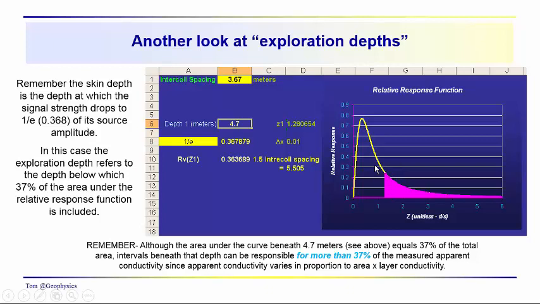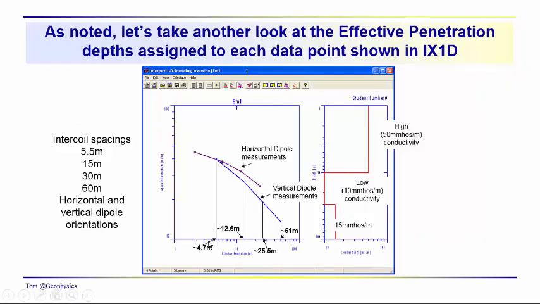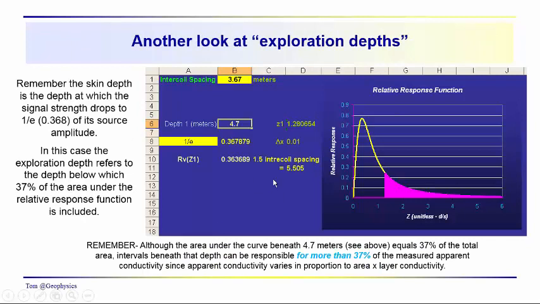So all these numbers that you see, in this case the 4.7, if we come back to this plot here, we have 4.7 here for the vertical dipole for the EM31 with the 3.67 meter intercoil spacing. That depth of 4.7 meters comes from this idea here, where we're working with the relative response function.